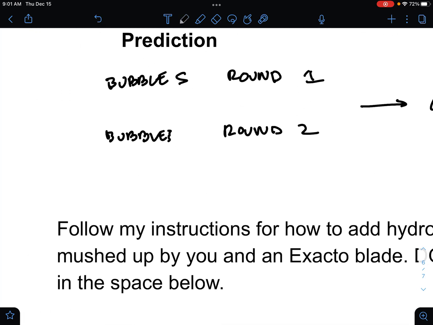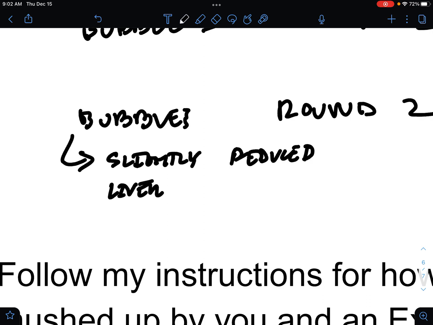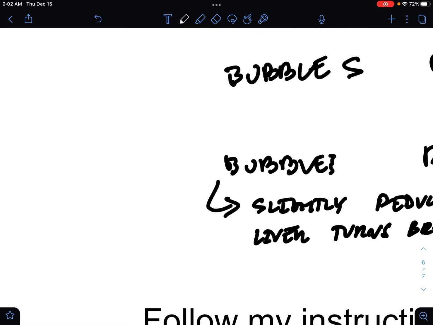Some of you might have noticed that the bubbles in round 2 may be slightly reduced. And you also might have noticed that the liver started to turn brown. The reason for this is this reaction is an exothermic reaction.